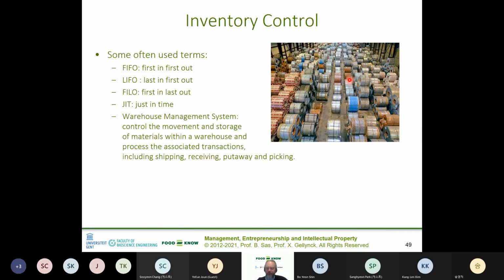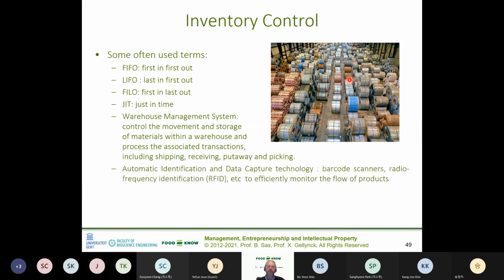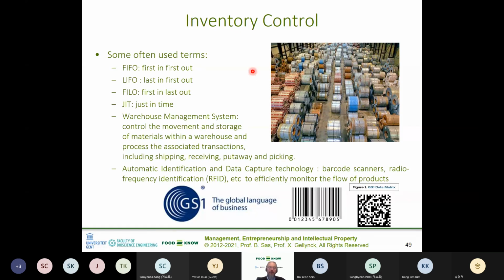So there is a lot of modern technology, artificial intelligence. So here you have also artificial intelligence to fill up your warehouse in the most efficient way at the lowest cost possible. And then you have other techniques like barcode scanners, RFID tags, and many more new features.